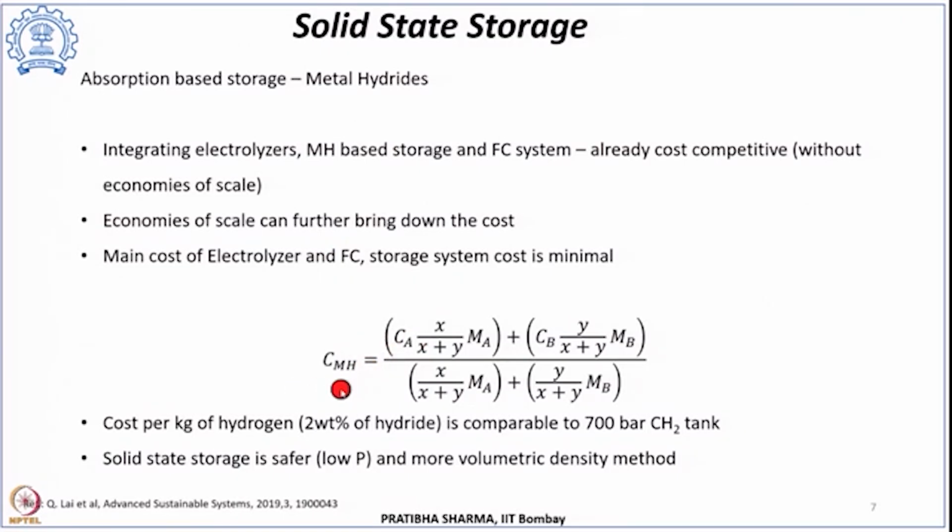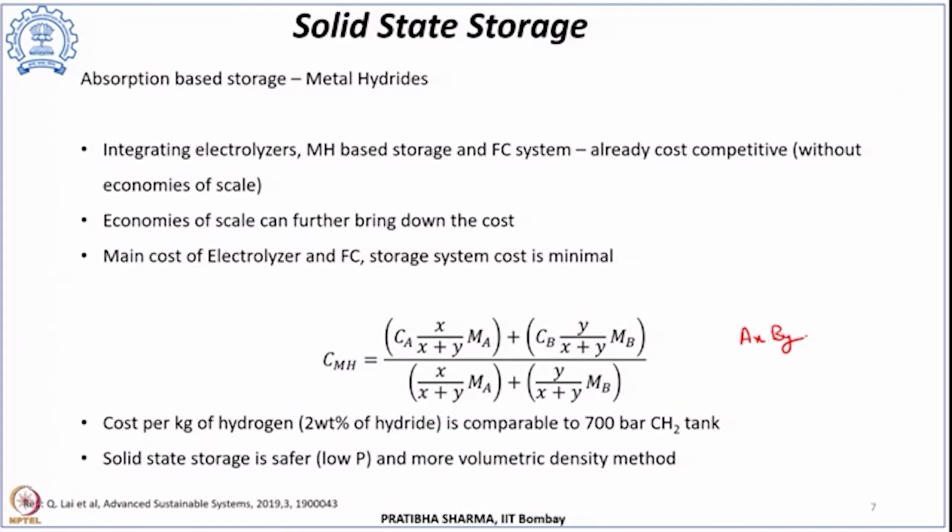The cost of a metal hydride of type AxBy can be given by the cost of individual elements: (Ca x/(x+y) Ma + Cb y/(x+y) Mb) divided by (x/(x+y) Ma + y/(x+y) Mb), where Ma and Mb are the molar masses of A and B. So, this is a metal hydride which is of composition AxBy.